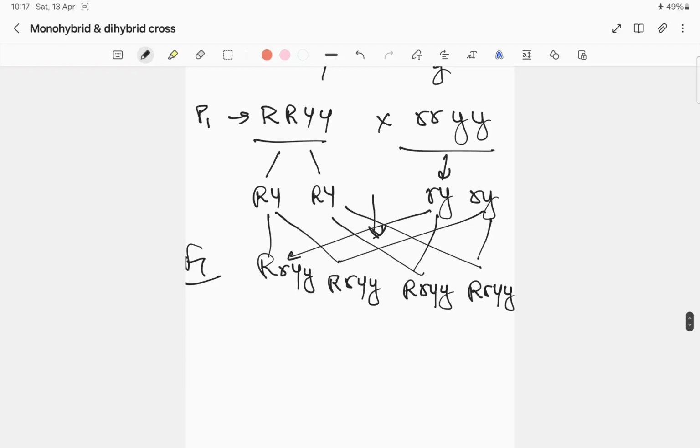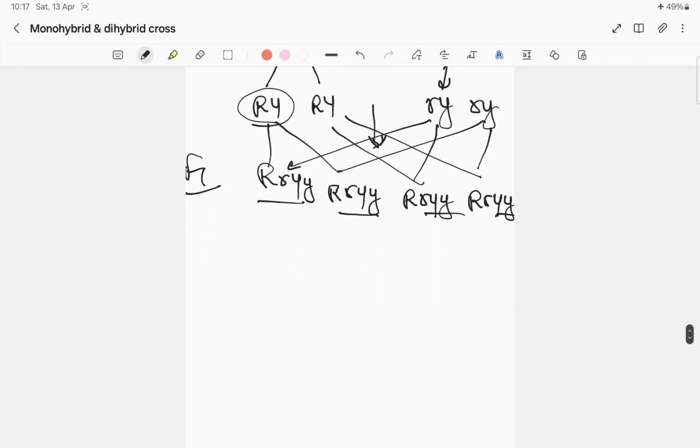Let's take a moment to understand this. All the F1 will be similar in the dihybrid cross, the same as in the monohybrid cross. If we write the gametes for these, we'll get capital R capital Y, capital R small y, small r capital Y, small r small y, right?